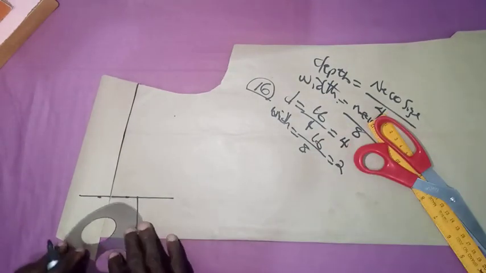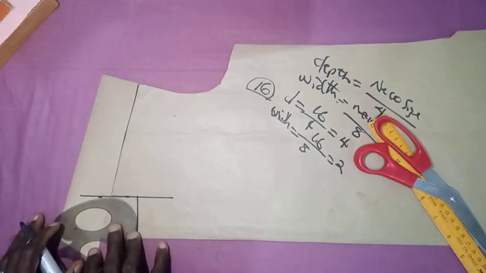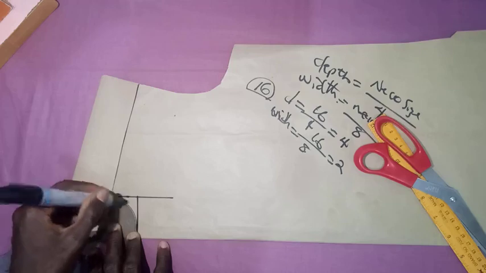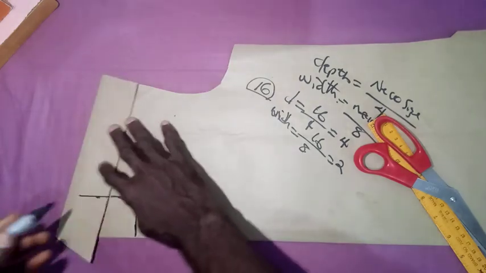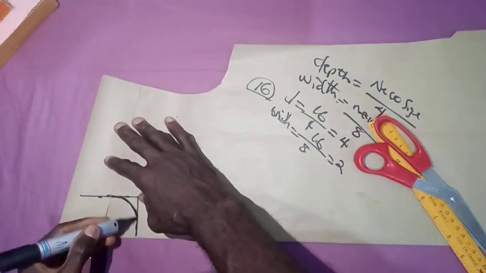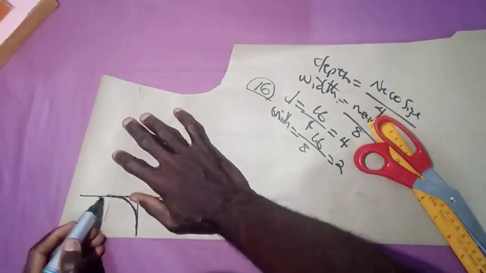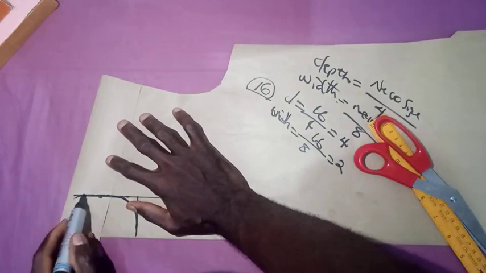We can simply use from here to here. All right, and we curve our neck, and then up here as well, we'll use from here to here.